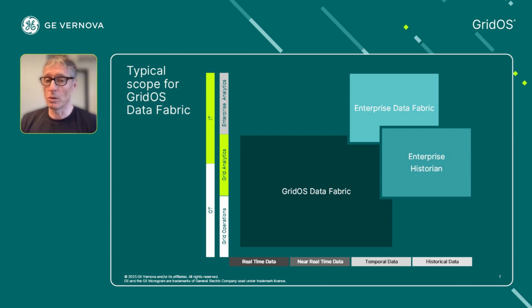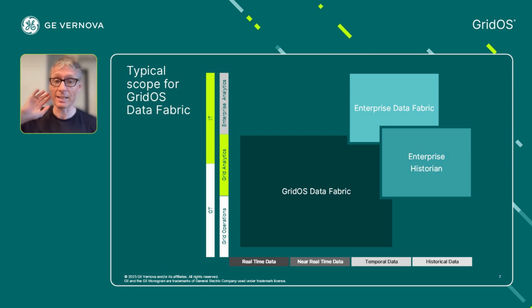But what we also should discuss briefly is, of course, what is the difference? And I think some of the questions we saw in the chat are related to it also: what is the difference between the GridOS Data Fabric and, let's say, an enterprise data fabric like Snowflake's, or maybe like a data fabric coming from the hyperscalers directly?